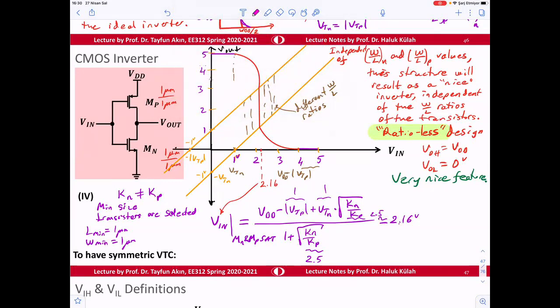Another important thing here is that the supply voltage, VDD, also does not change this fact. I mean, as long as VDD is larger than VTP plus VTN.